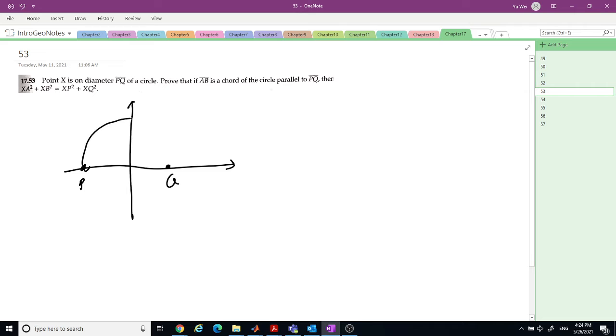Then we have a circle with the diameter PQ, and the x is on the diameter, and if AB is a chord of the circle perpendicular to PQ, then let's see if AB is this, right? So we want to prove the XA square plus the XB square equal to the XP square plus the XQ square.